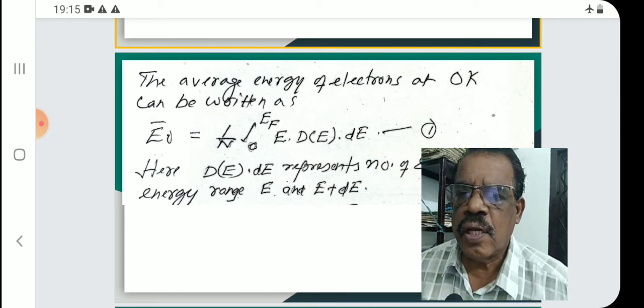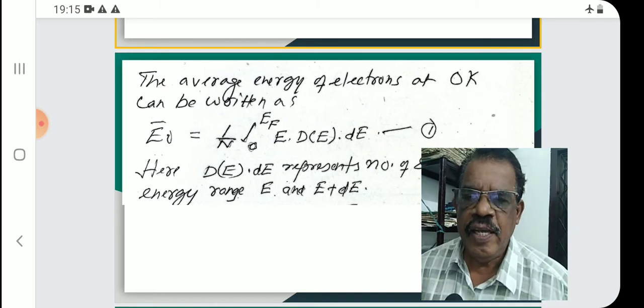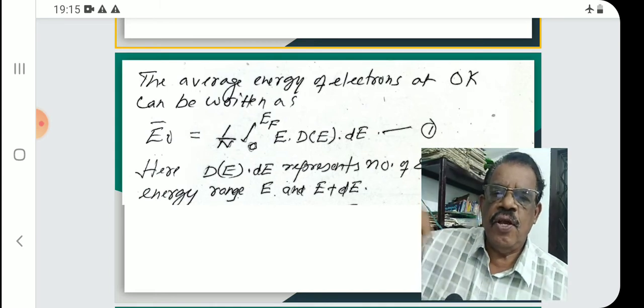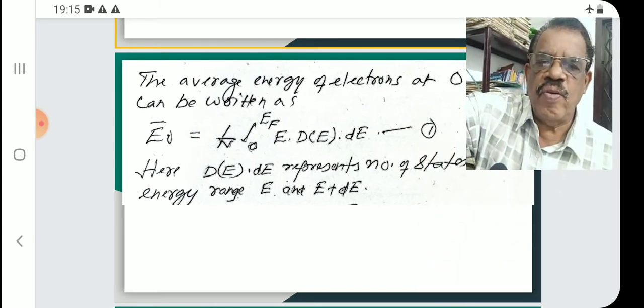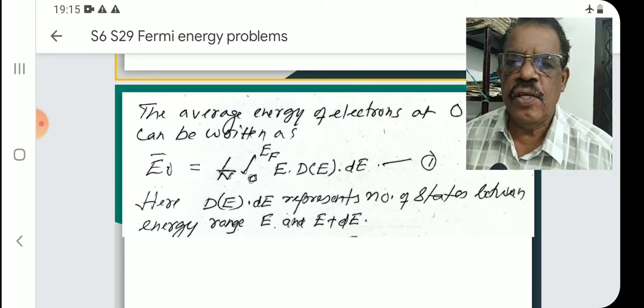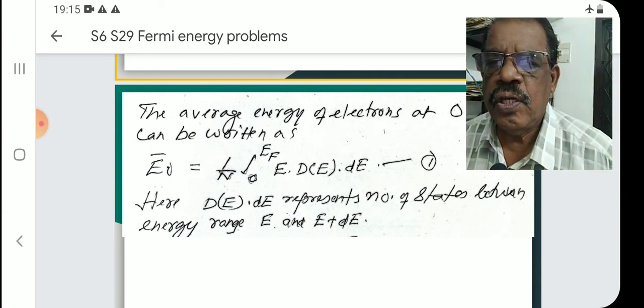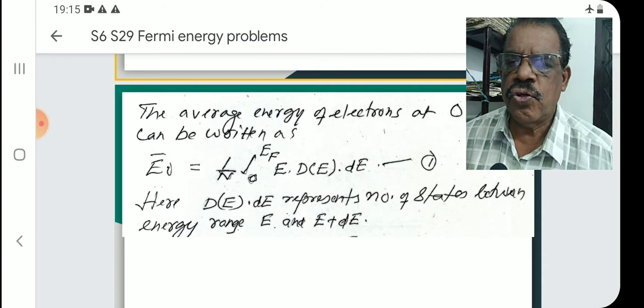This equation comes when Fe is equal to 1. The Fermi-Dirac distribution function we have taken as 1. So when we put that value, we get the average energy of electron at 0K, integral 0 to EF E g(E) dE, equation 1.